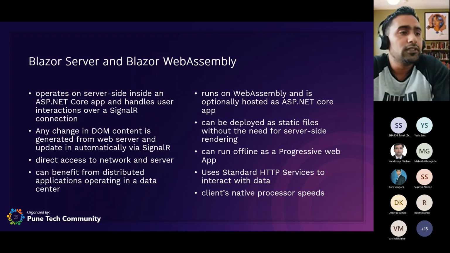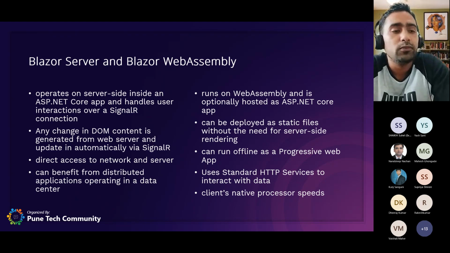Whereas Blazor WebAssembly interacts with the data over standard HTTP services. Server can benefit from distributed application operation in the data center, whereas WebAssembly is client native, so it can take advantage of your client's processor speed.